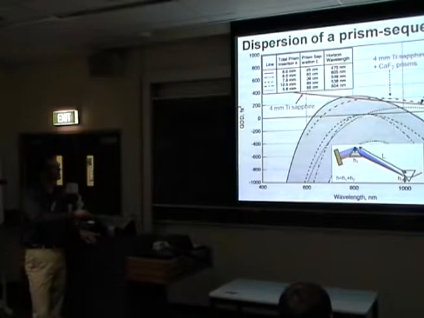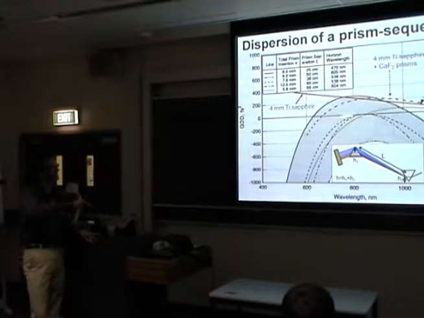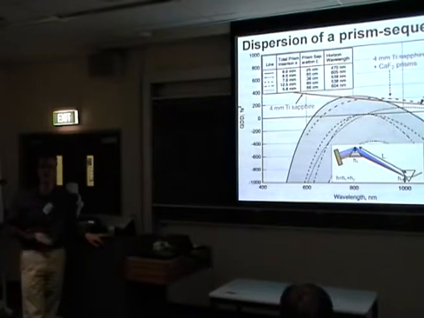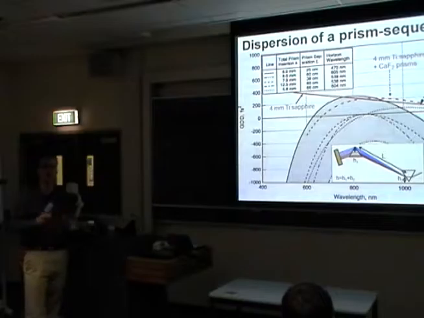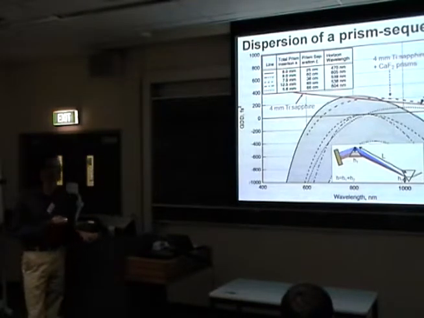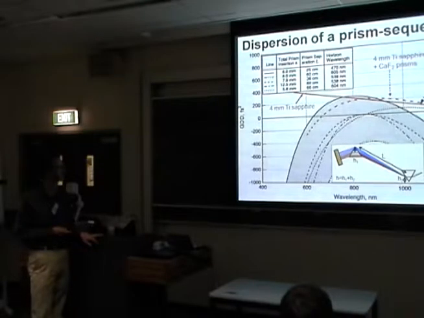If I insert it a lot, I get some dispersion from the material. But none of these curves really looks like that. And that's what I need, because that plus that is zero. But none of these really gives me zero. All I can do is make it zero at one point, but not across a large wavelength range. This is fine for 10 femtoseconds, but it's definitely not fine for 5 femtoseconds.